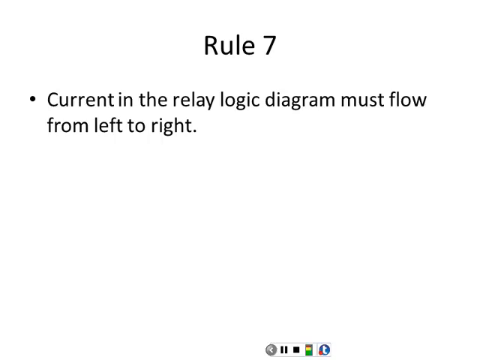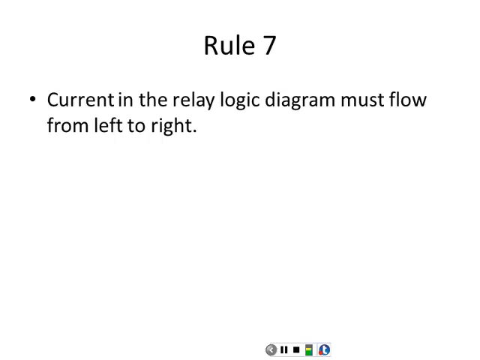If switch 1, switch 2, and push button 1 is closed, then the motor comes on. If I'm coming through switch 3, if I close switch 3, and I close push button 1, then the motor comes on. And if I close switch 4, then the red light comes on, and if I close both of them, of course, they both come on.